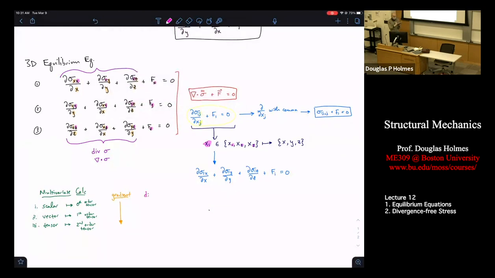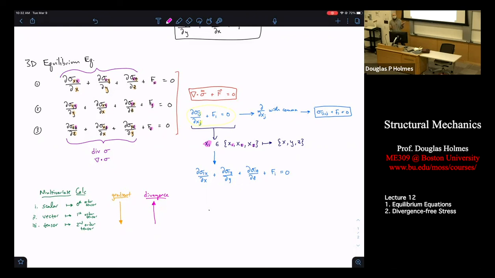Divergence takes you back. If you take the divergence of a vector, you get a scalar. You take the divergence of a tensor, you get a vector.